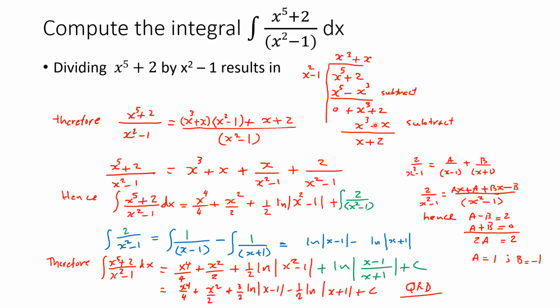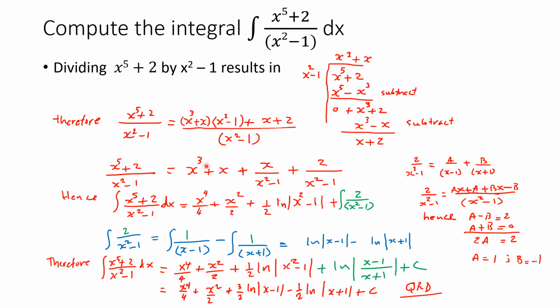Now the division resulted in this: the result, this is the divisor, and this is the remainder. So we can rewrite the function x to the power 5 plus 2 divided by x squared minus 1 as x to the power 3 plus x, which is the answer.